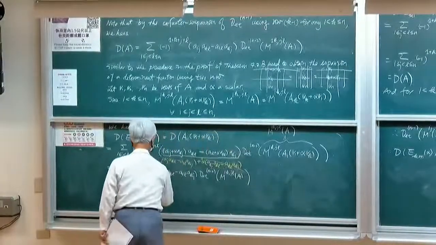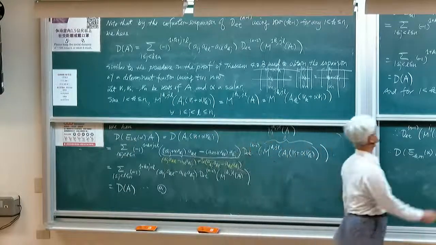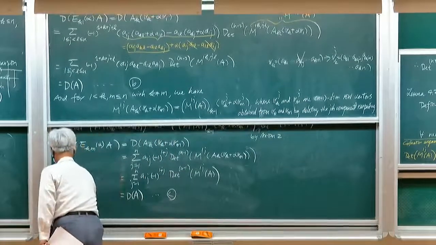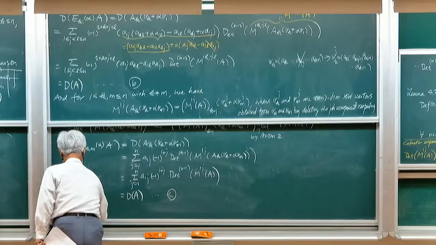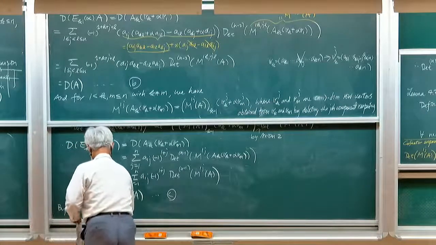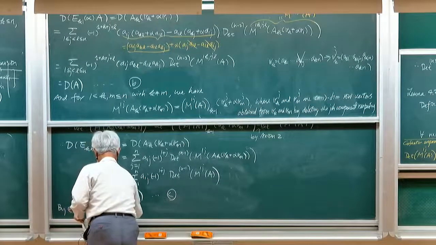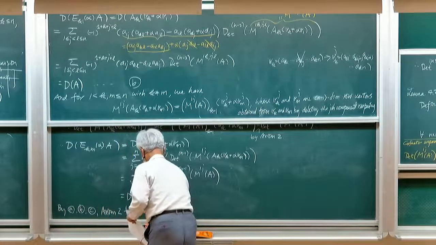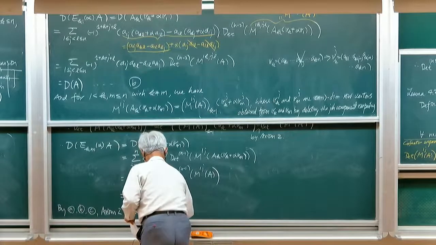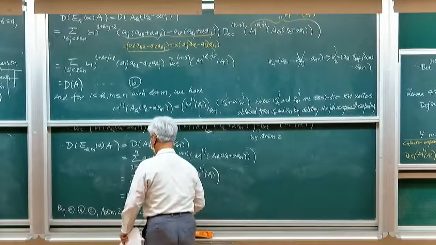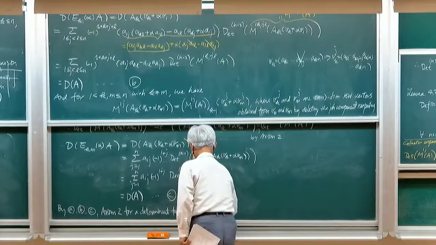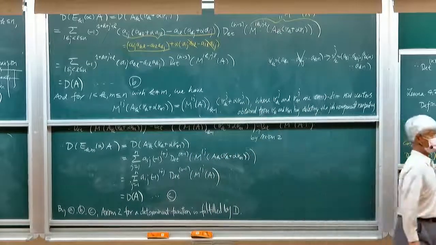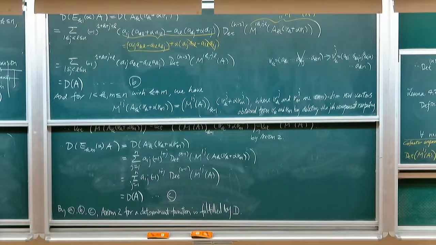Okay, so this is cases A, B, and C. So by A, B, and C, axiom number 2 for a determinant function is fulfilled by D. Okay, so it seems that I can't finish the proof.